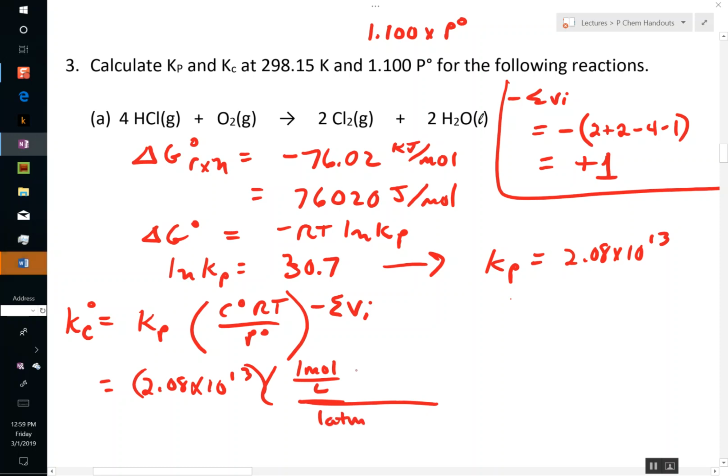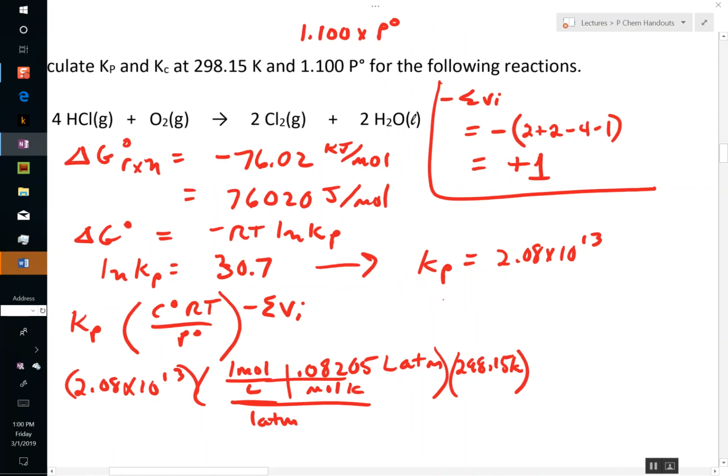And in this case you can use 0.08205 liter atmospheres per mole K times 298.15 K. You need to use 0.08205 because of atmospheres, because the pressure is always in atmospheres, and your concentration, C naught, is always in moles per liter, right?